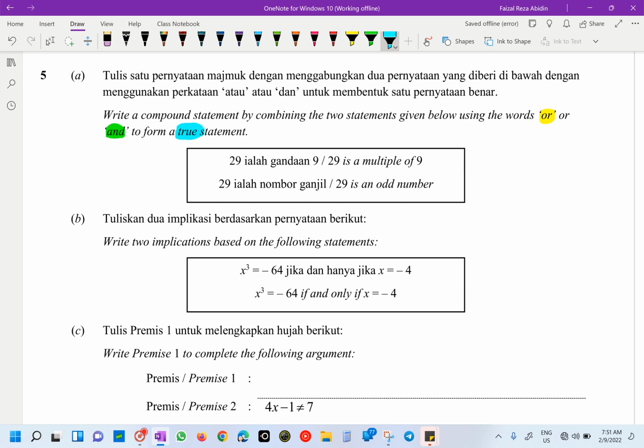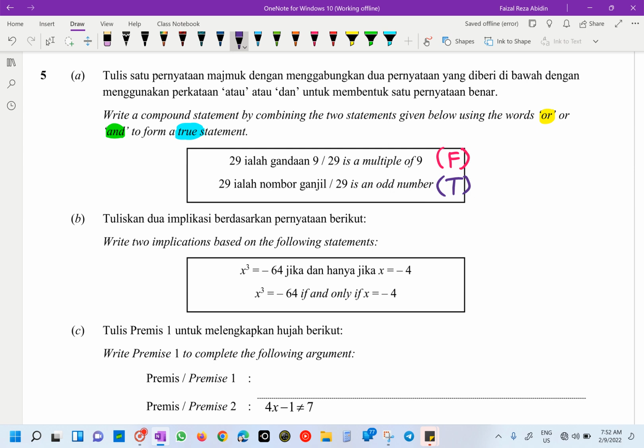So we have to identify the statements given in the box. Okay. First is 29 is a multiple of 9. This is going to be a false statement. 29 is an odd number. True statement, isn't it? To form a true statement by combining two statements, we are using or, isn't it?